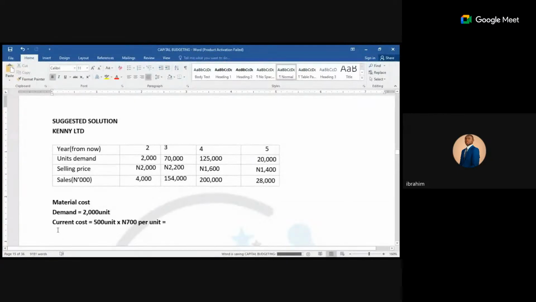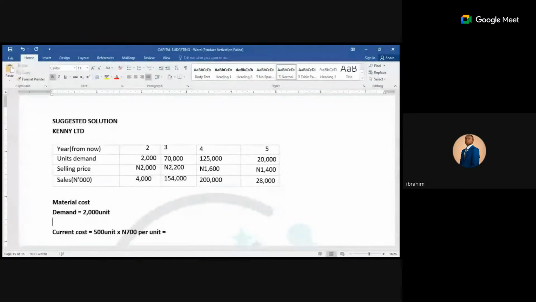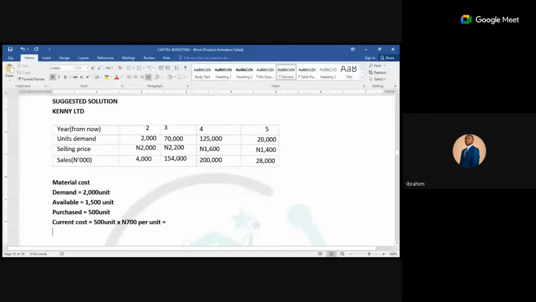And the current cost, because 2,000 units are needed and 1,500 units are available, we need to purchase 500 units. Are we there? Are we still together?